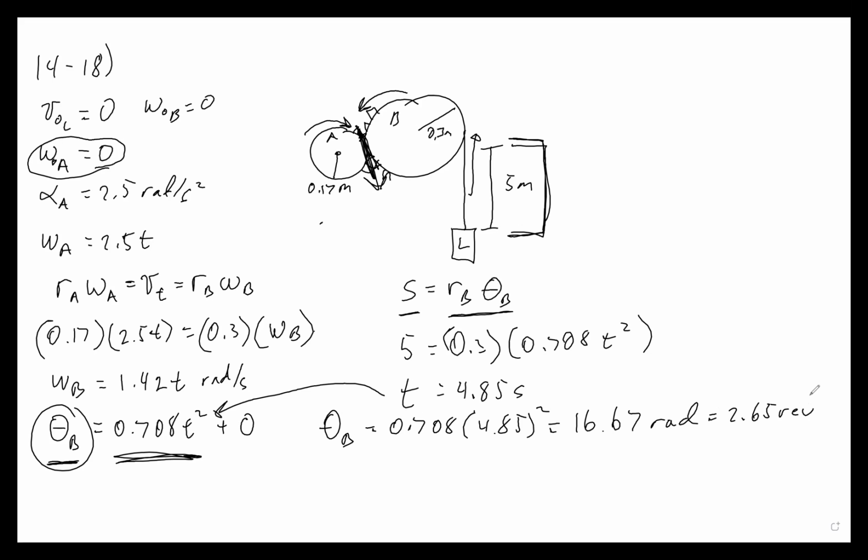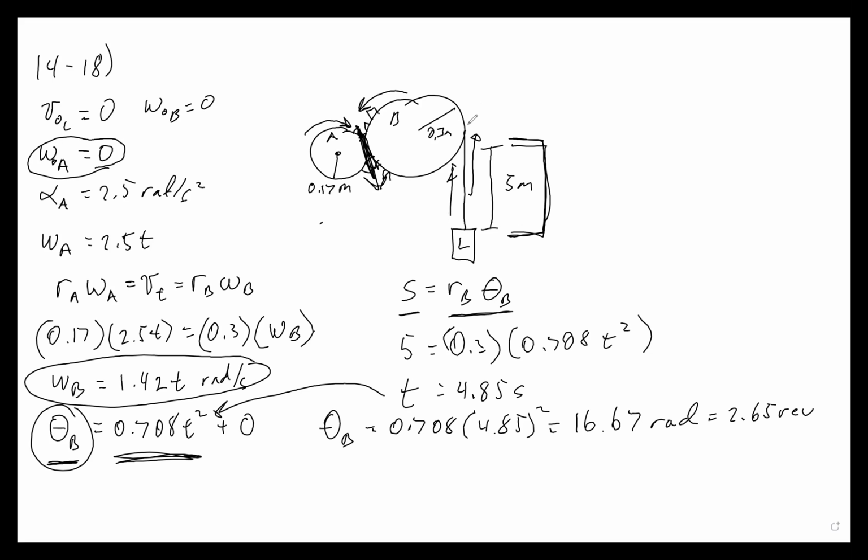Part C, the velocity of load L when it has risen 5 meters. Well, we have an angular velocity equation for B, and that is omega B equal to 1.42 times t. And we know when this is happening. So we can find the angular velocity, but that is not really the question. It wants the load velocity, the linear velocity going straight up.